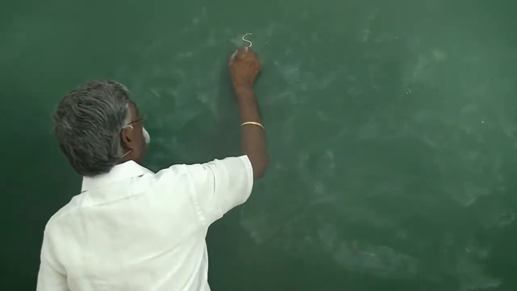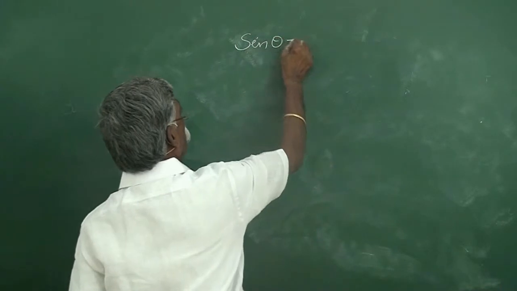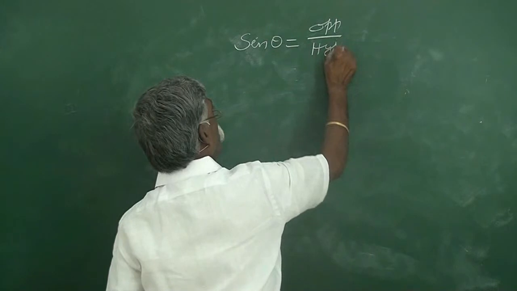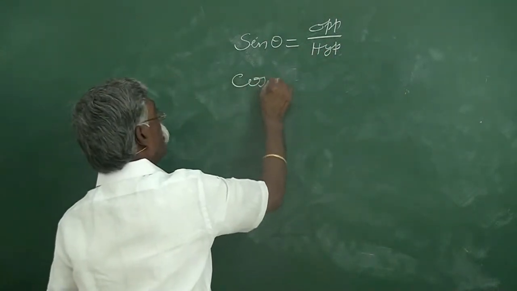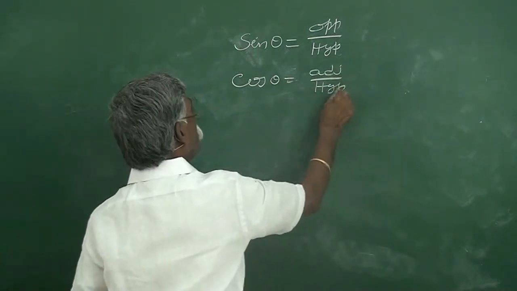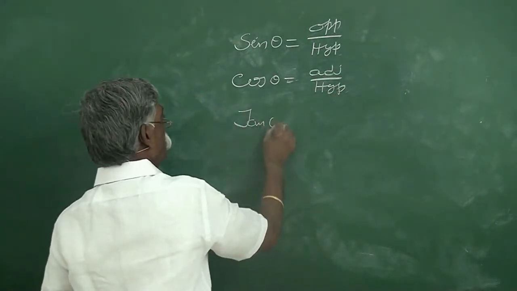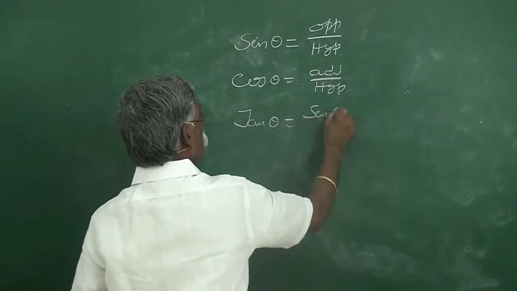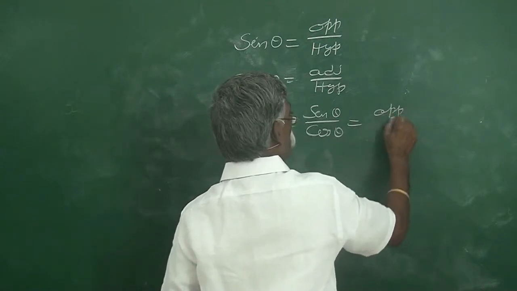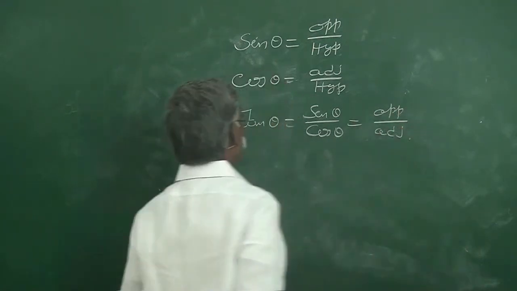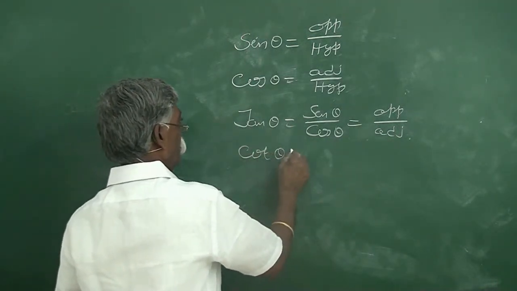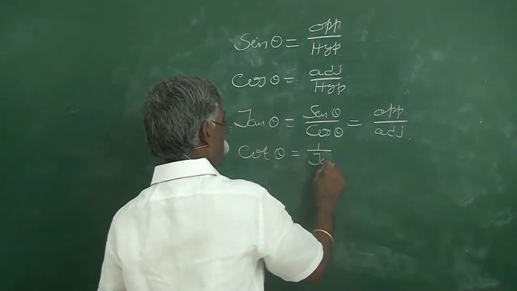So the first ones we have to remember very carefully are: sin theta means opposite side by hypotenuse. Cos theta is adjacent by hypotenuse. Tan theta is the ratio between sin theta by cos theta as well as opposite by adjacent, and cot theta is 1 by tan theta.